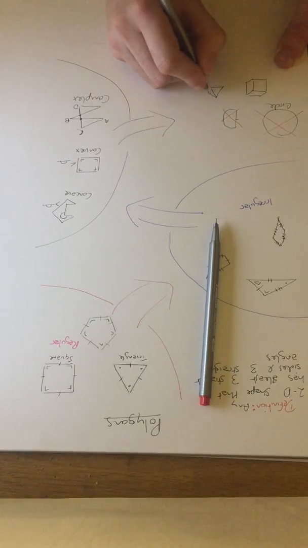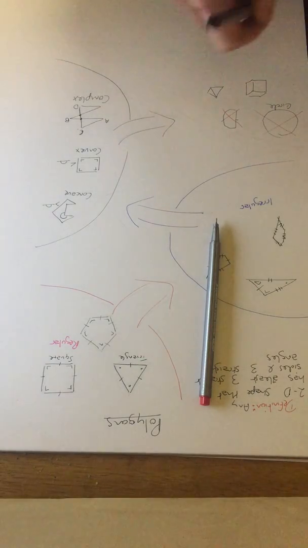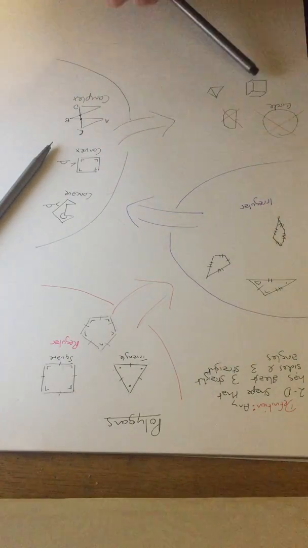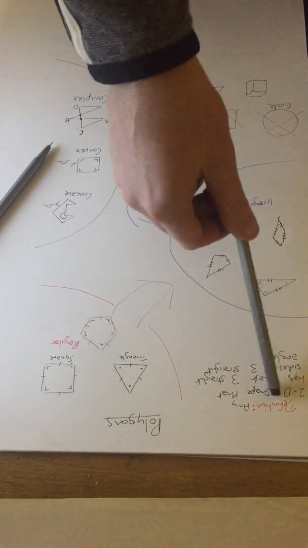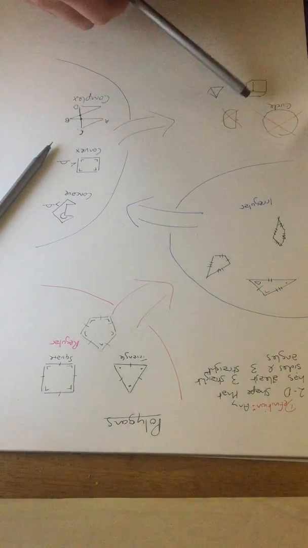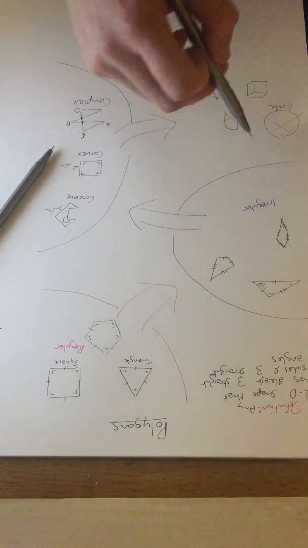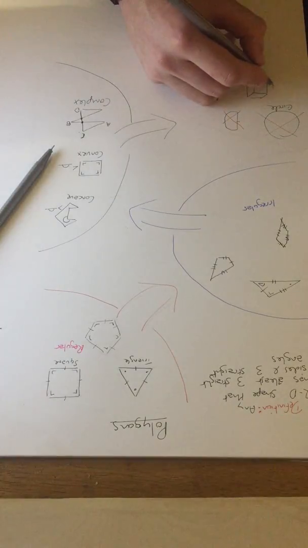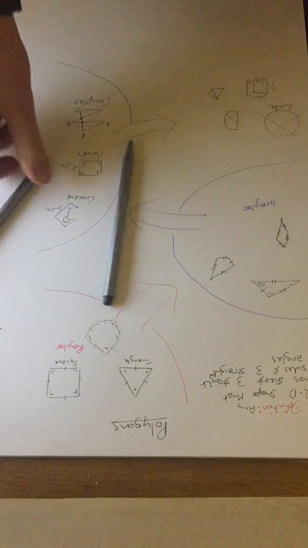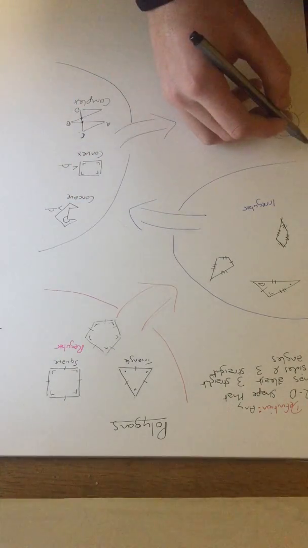For the likes of the square-based pyramid here or the cube here, they do have straight sides and internal angles. It does meet that part of the criteria, but it is not a two-dimensional shape. We have to have a two-dimensional shape, and that means it has to be flat, on a plane, a planar shape. These here, the 3D ones, have height, length, and width, so that's what cancels them out of the running for polygon status.